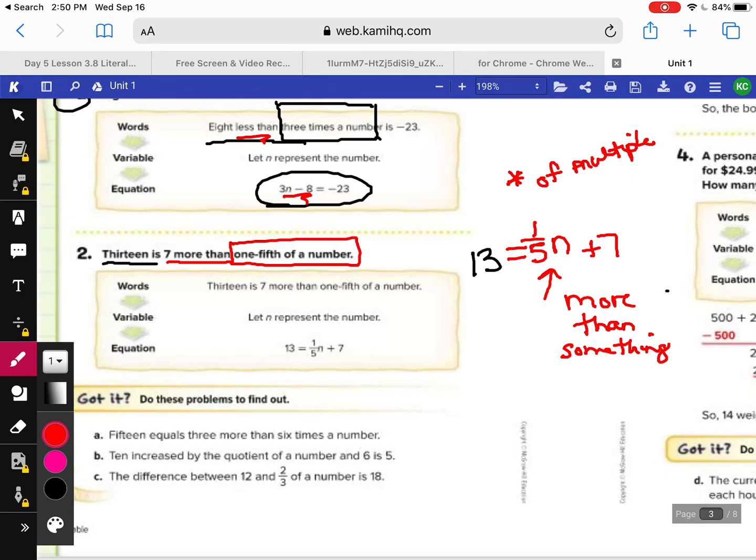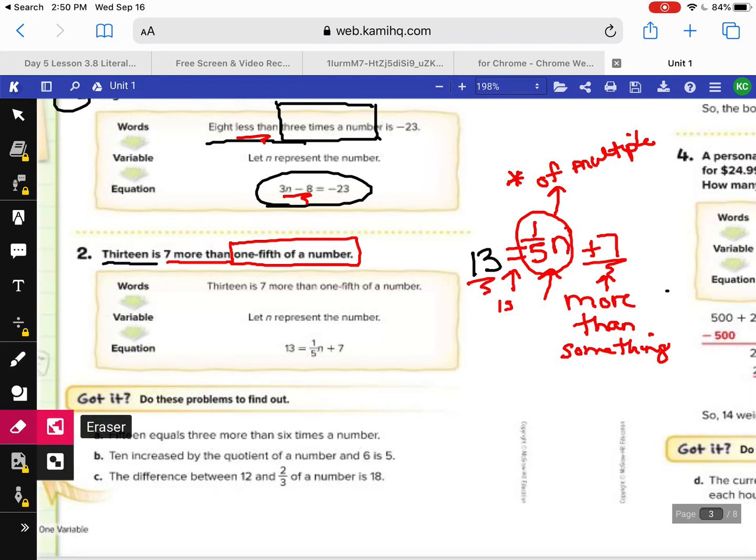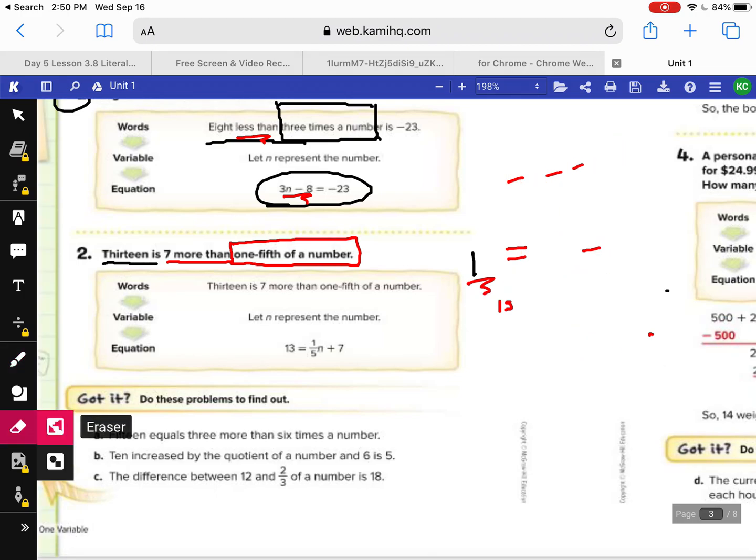So here we have 13 is 7 more than 1/5 of a number. Okay, let's try the next ones and see how they look.